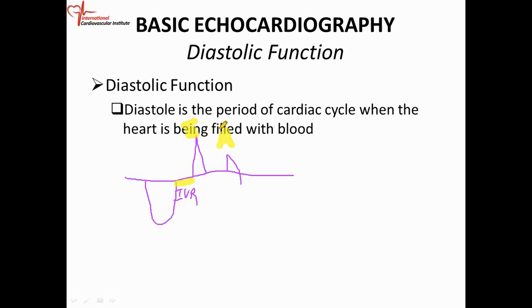Any duration means it's a time event. You measure from the beginning of the A to the end of the A. That's the A duration. Now that we fully understand what diastole is, we can move on.